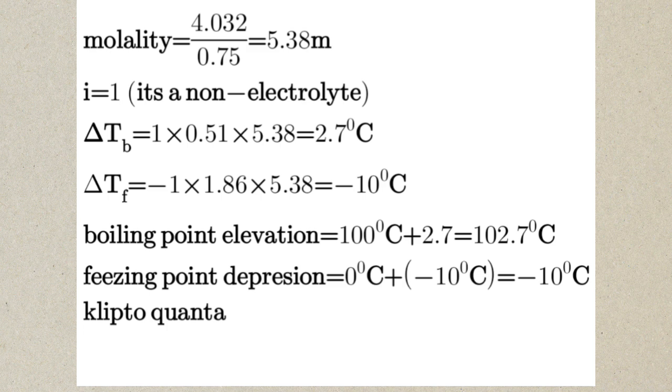But when you are asked to find the actual solution temperature, that means after you've gotten the change in temperature, you proceed to find the temperature for the total solution, which means you add the normal boiling point temperature plus the change in temperature for the boiling point, and the normal freezing point temperature plus the change in temperature for the freezing point. Then we are right there at the jackpot.